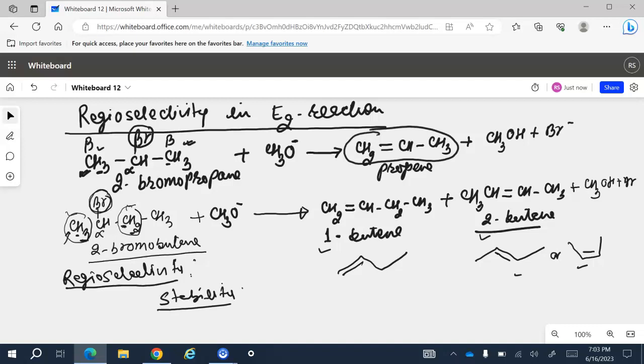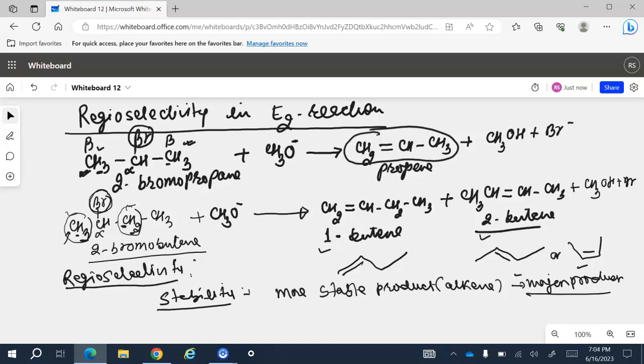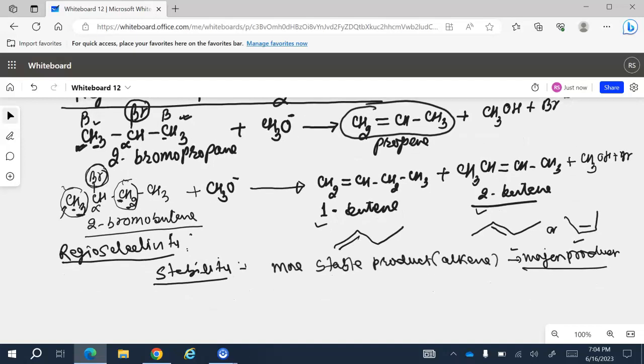That product is obviously an alkene. The more stable alkene will be the major product in this type of elimination reaction, the E2 reaction. More stable product will be the major product.